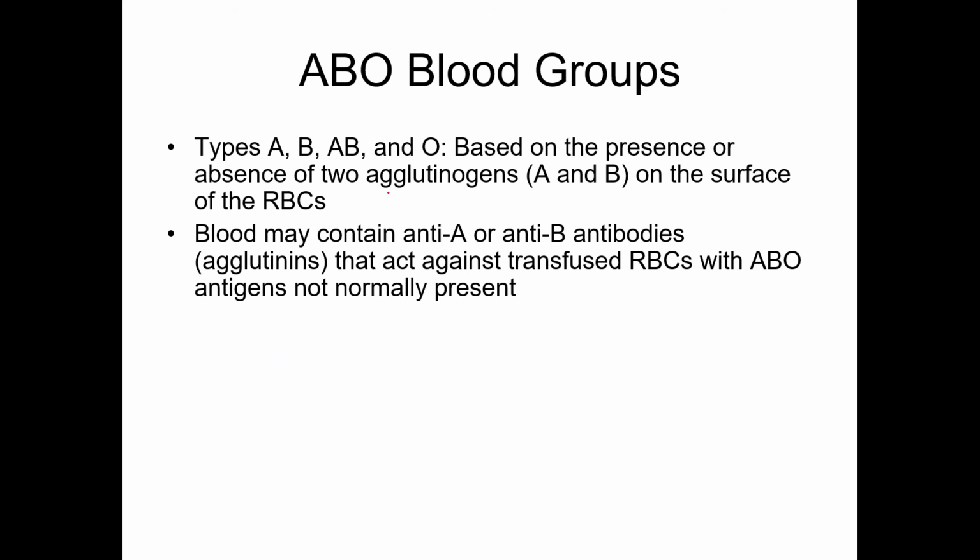Antigens are also called agglutinogens, and antibodies are also called agglutinins. Okay, now let's again go back. This is blood type A. That means on the surface you have A antigen.